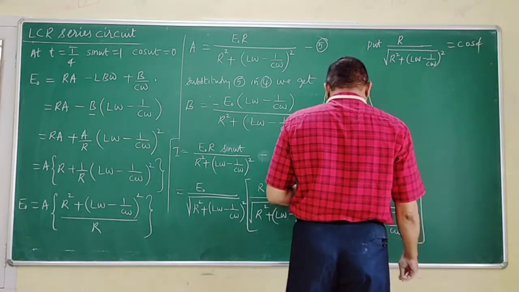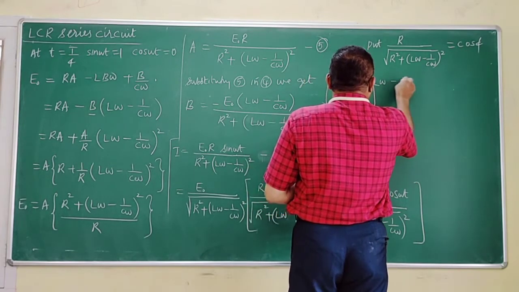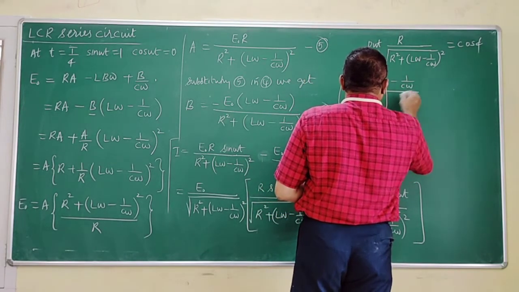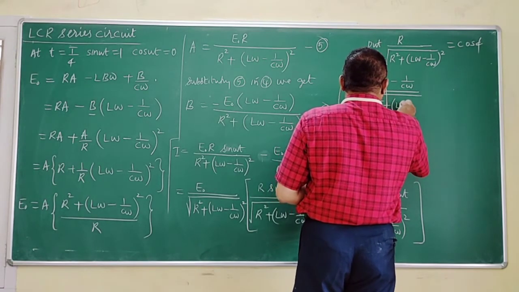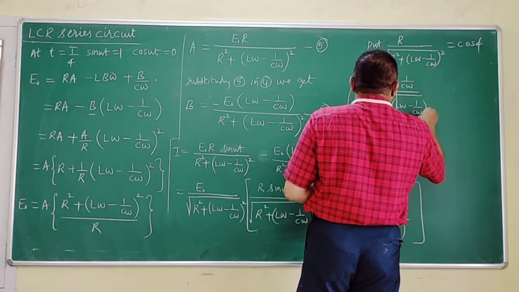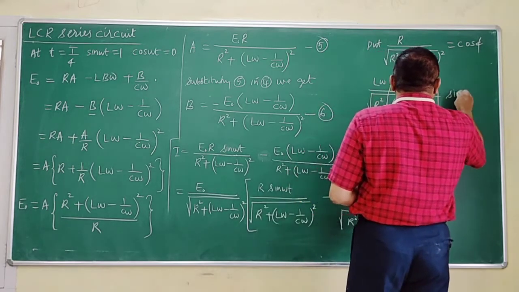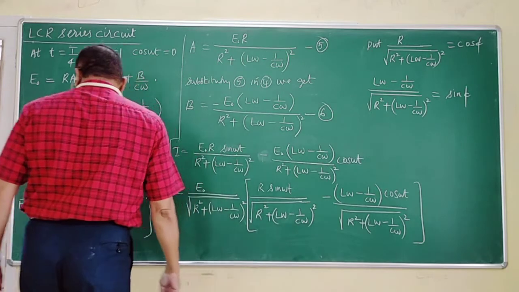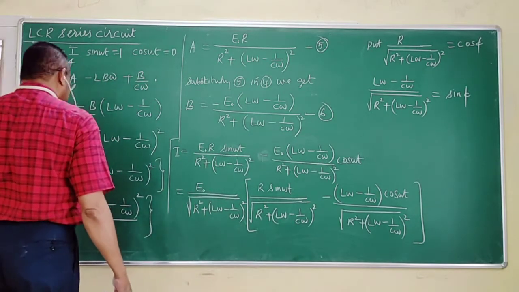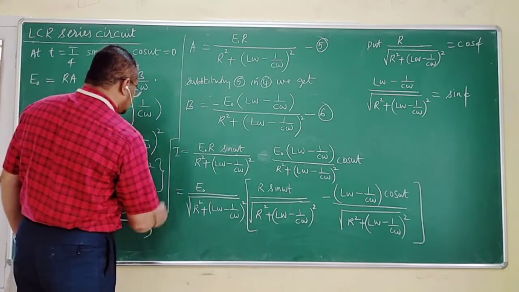Okay. L omega minus 1 by C omega upon under root of R square plus L omega minus 1 by C omega the whole square is equal to sin phi. If that be the case, this equation will take the form.